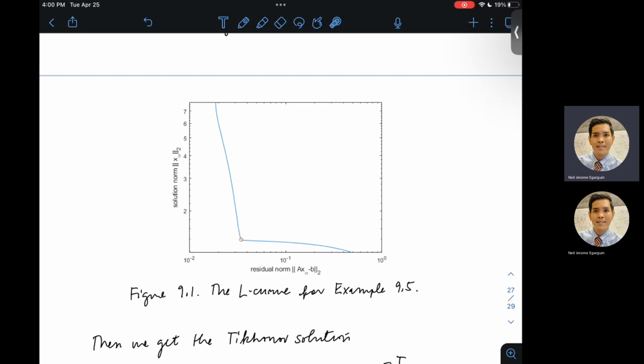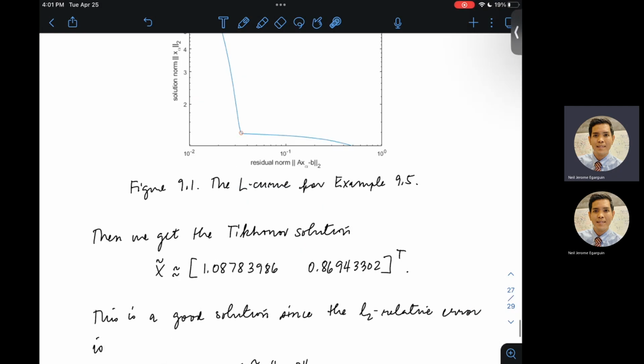Again, the corner of the L curve is our optimal choice for alpha. So I need to retrieve the alpha that gave us this corner. All right. I'll show you later how.